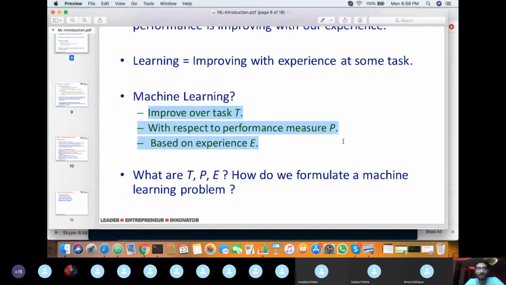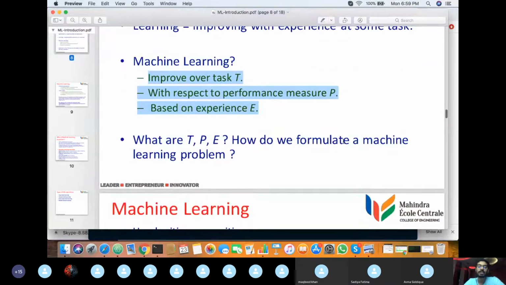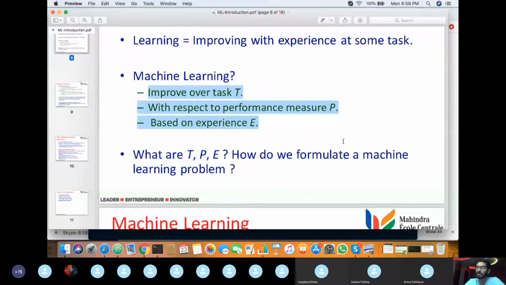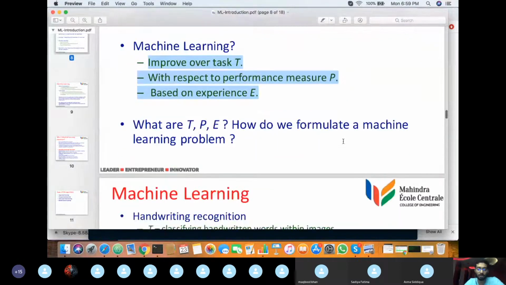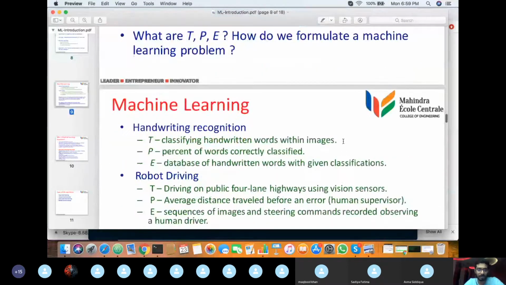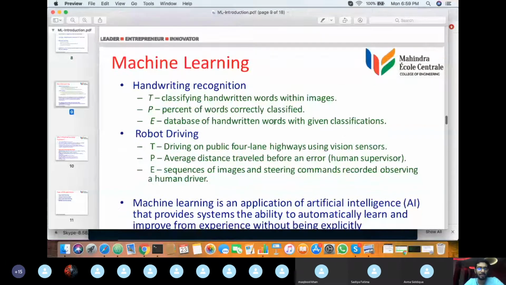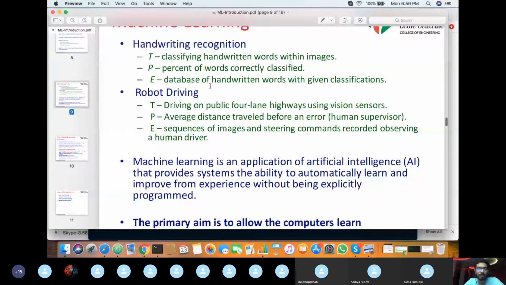So I'm trying to improve my performance of task T over a performance measure P based on an experience E. Here, the experience is the data that I keep getting, performance is any accuracy measure, and my task is to understand how many people are going to suffer from COVID-19 tomorrow in the future.